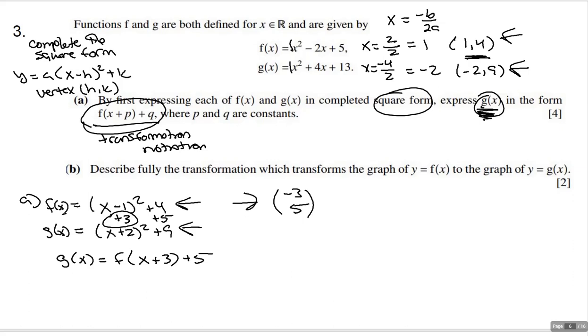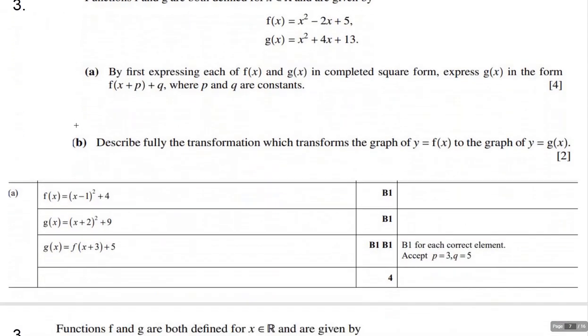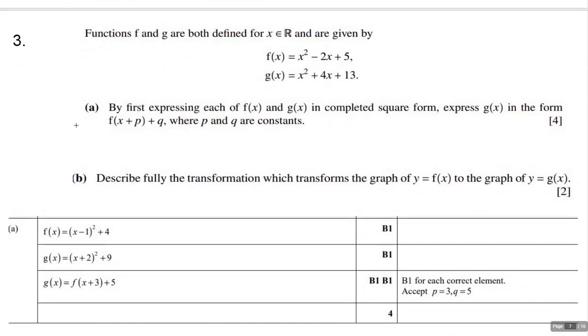All right, so let's take a look and see what the rubric says about this. And notice they don't even have a spot here for method points. They just want to see the vertex form and vertex form. That's 2 points here.